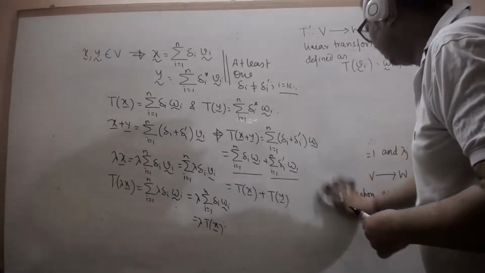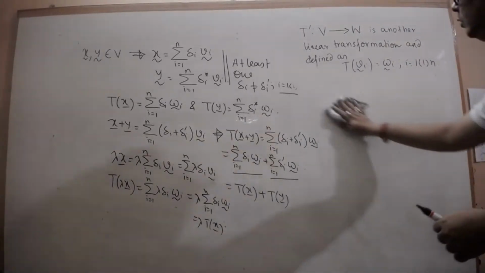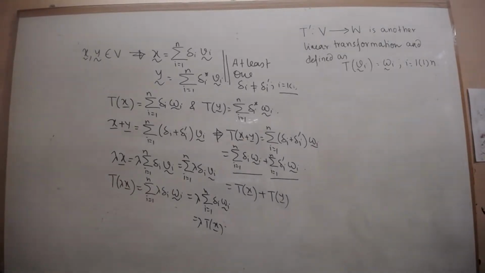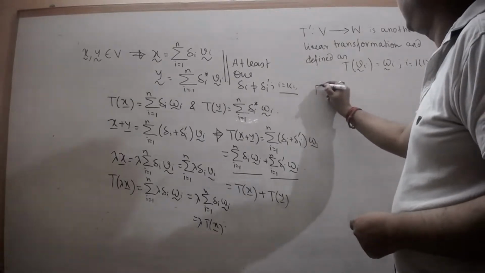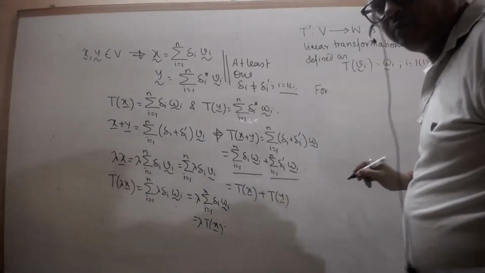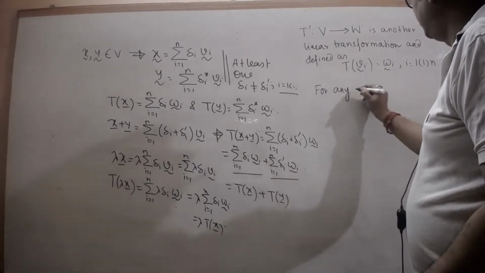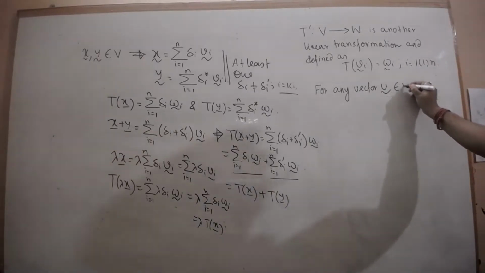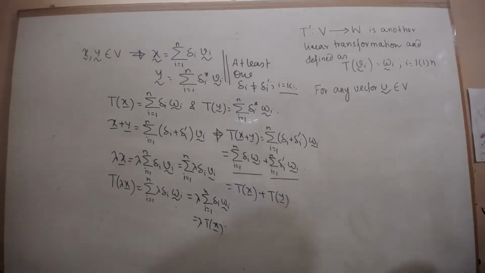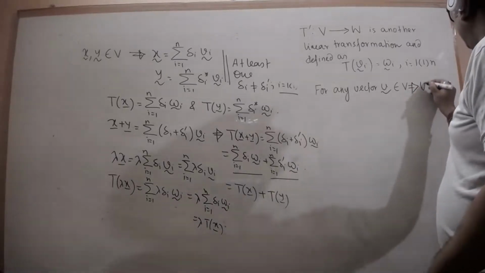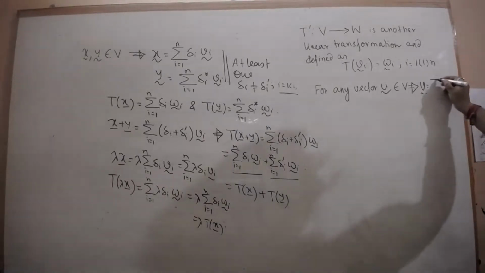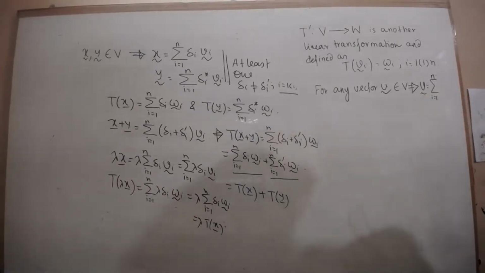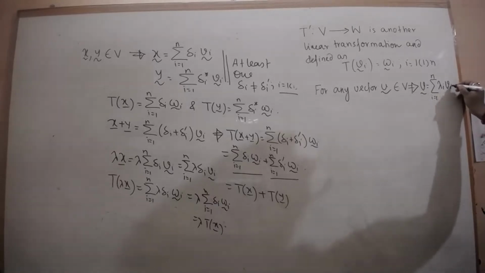So now, for any vector v curve belonging to V, this implies v curve can be written as a linear combination of the basis, lambda i vi curve.